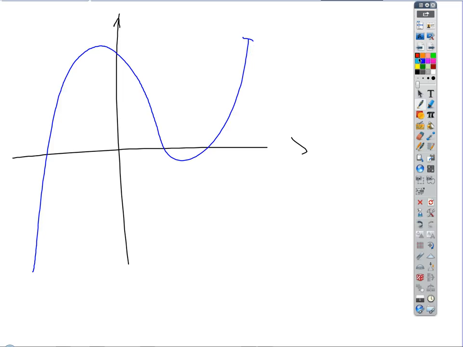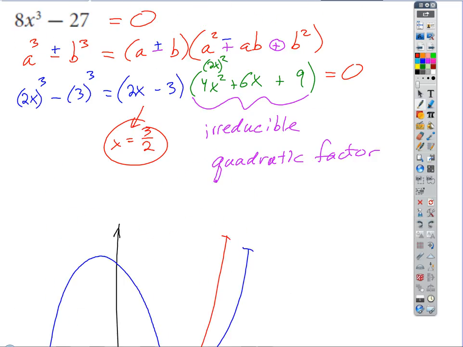Or we can get cubic functions that do something like this, that don't turn. Which one do you think this is always going to be when we start with a difference of cubes or a sum of cubes, if you were to graph it? Yeah, it's going to be the one that doesn't turn at all. So you're only ever going to get one real solution out of this. Okay. Does that make sense?